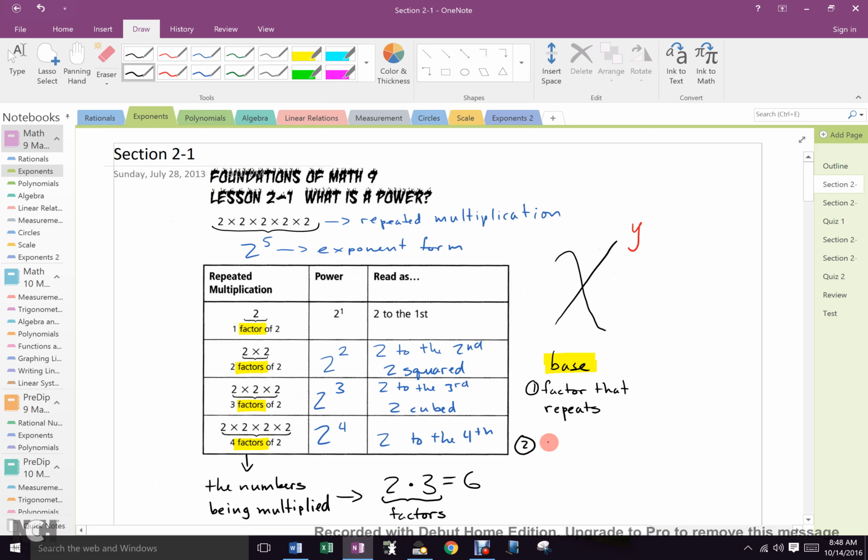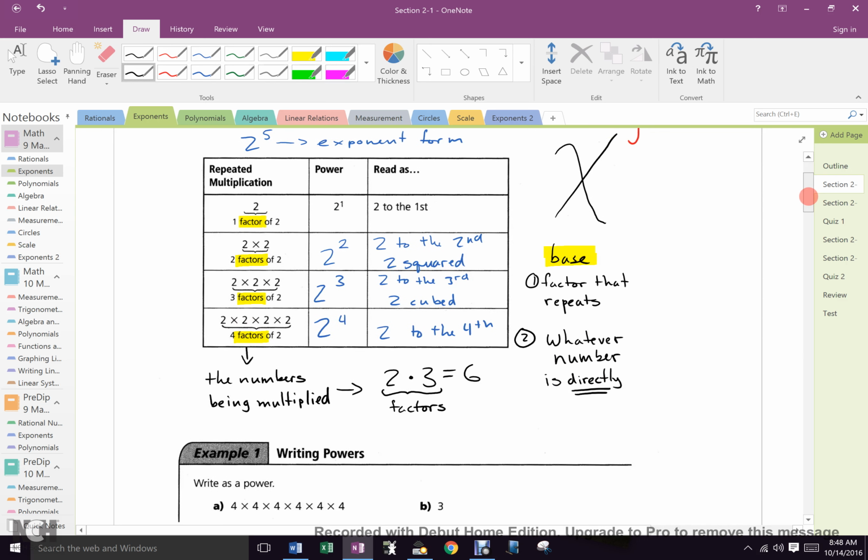It's whatever number is directly, and please underline directly, left of an exponent. And I'm going to use that. I'm not going to explain it right now, but I want you to have written that down because it's going to make a big difference in a second.